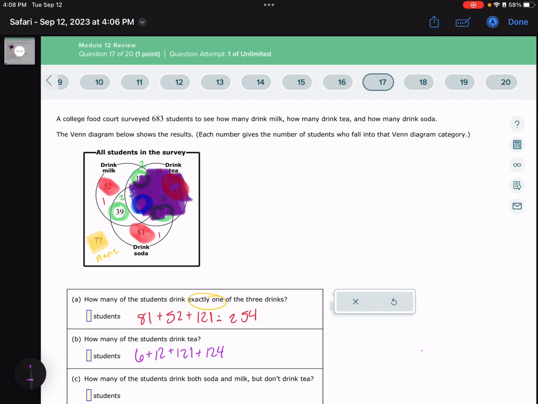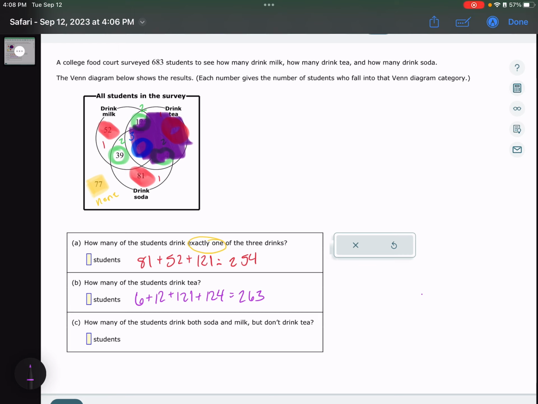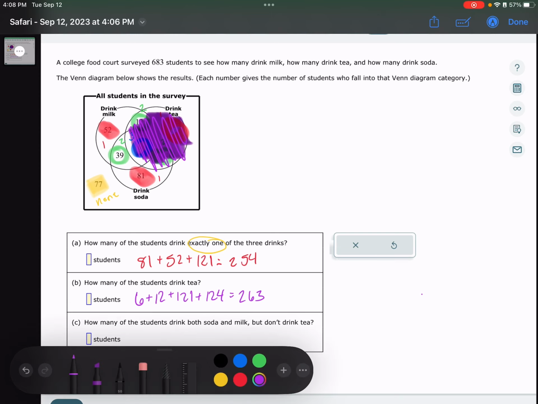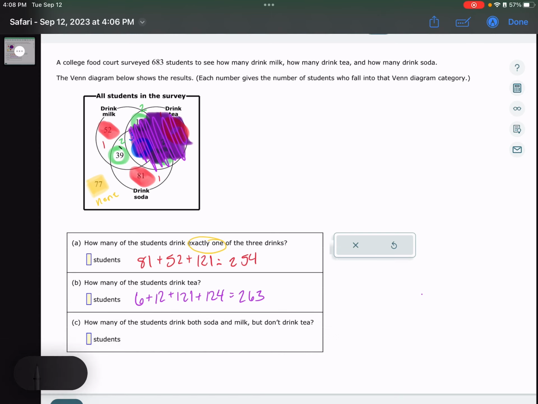That's going to be 263. The last one is how many of the students drink both soda and milk, but they don't drink tea. So my soda and I don't want any of my tea drinkers, so we're going to kind of forget about those ones in that circle. And I want the overlap for milk and soda, which is right here, which is 39.